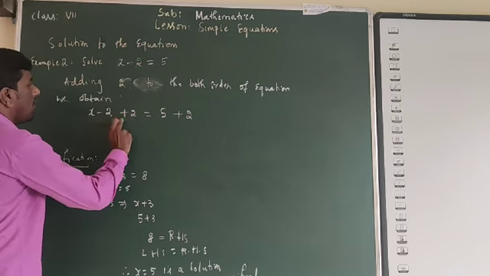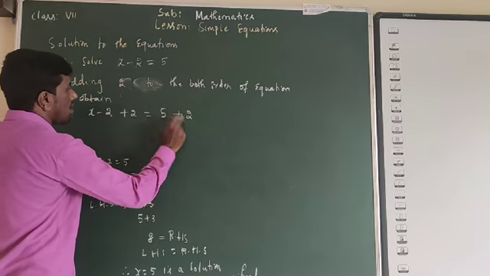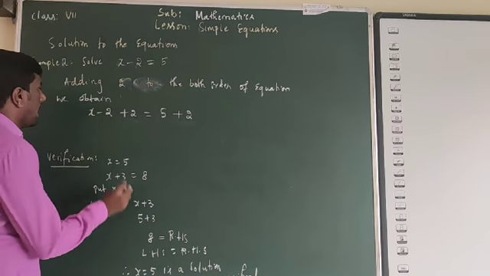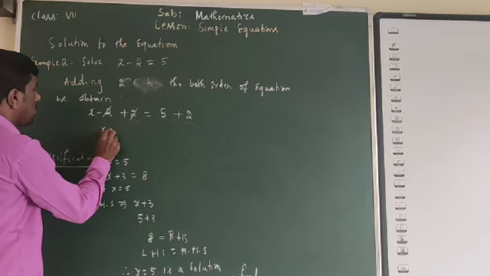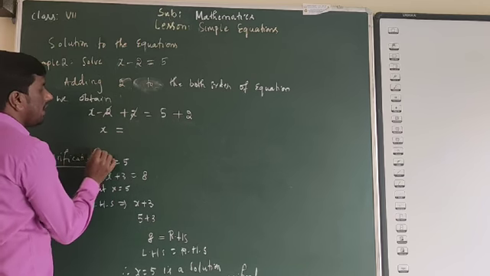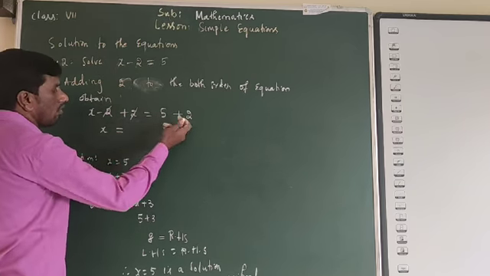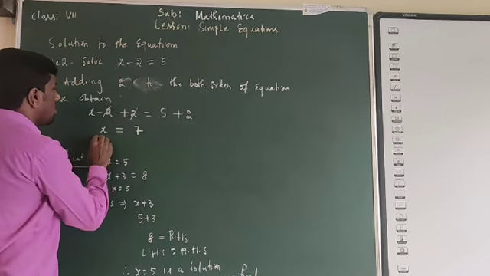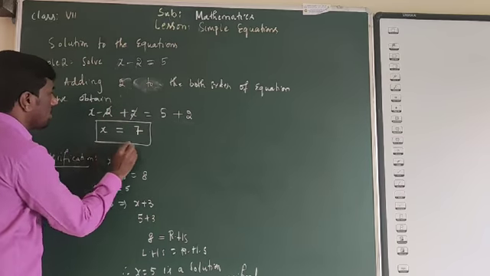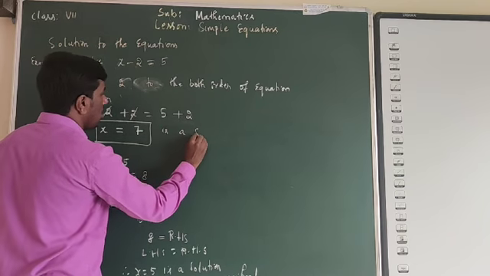LHS also has plus 2 added, RHS also has 2 added. Now what will happen? Minus 2 plus 2 will become 0, so x alone remains on the LHS. On the RHS both are plus, so we add 5 plus 2, which is 7. 7 is the solution.